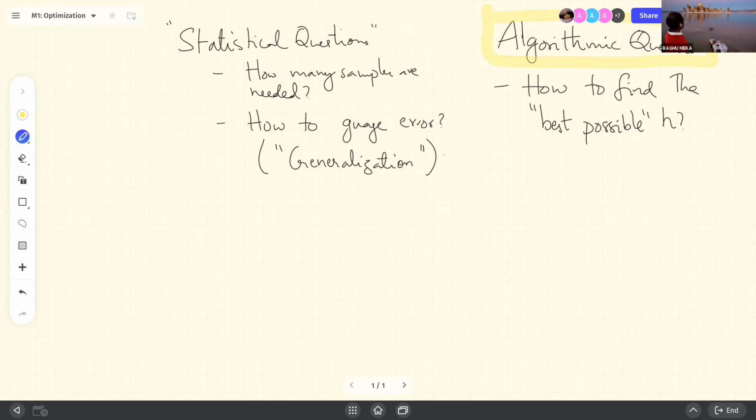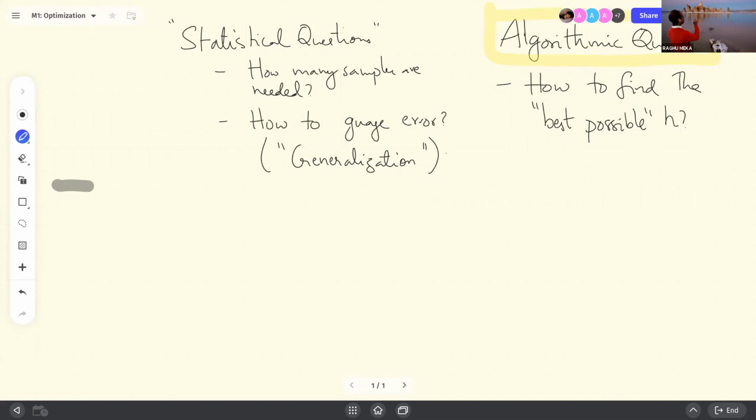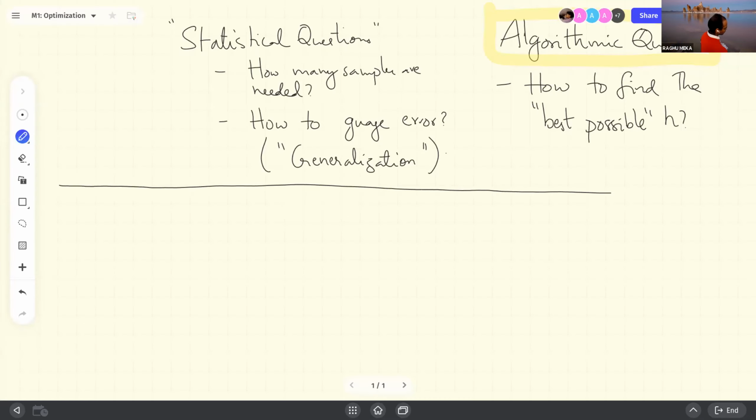Okay, and here's where one of the most important steps and mysteries in modern machine learning is, which is in the framework of viewing learning just as an optimization problem. Okay.